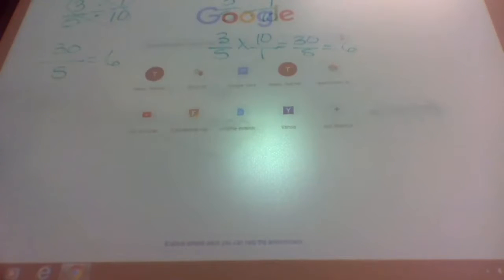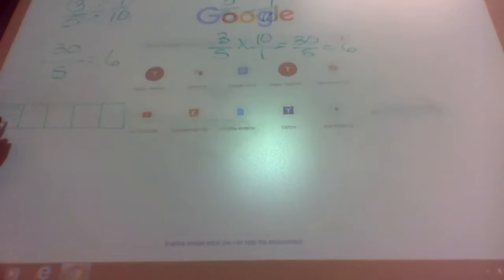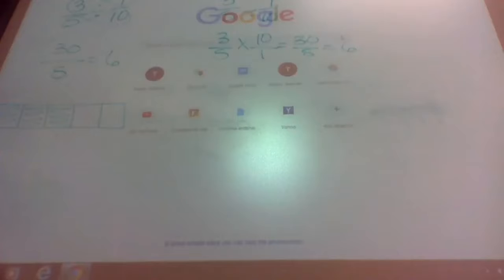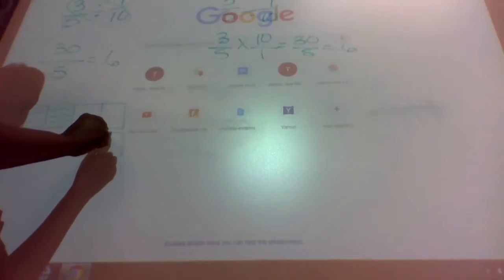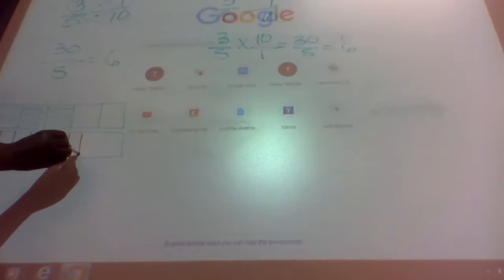So there are 6/10 and 3/5. Why? Because 3/5 looks like this. This is 1/5, 2/5, 3/5. And I want to break it into tenths, right? So I'm going to divide my next part into how many spaces? 10. 1, 2, 3, 4, 5, 6, 7, 8, 9, 10.